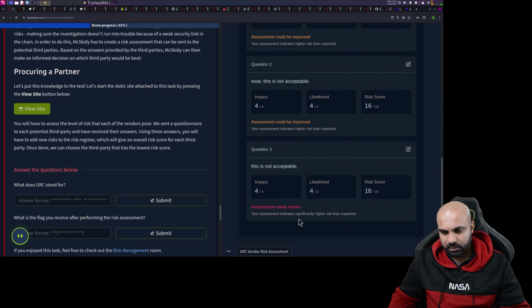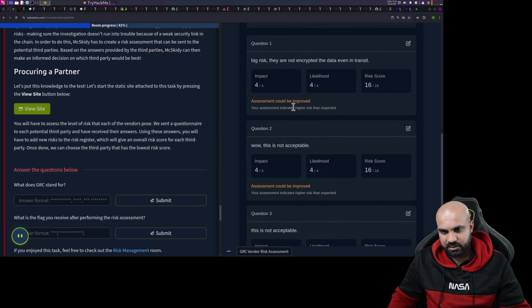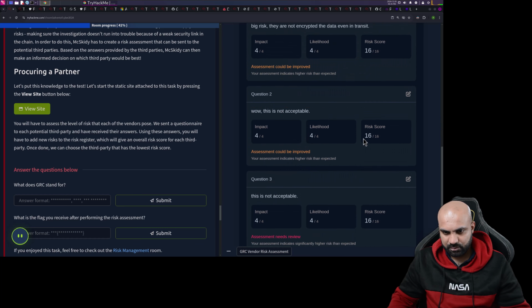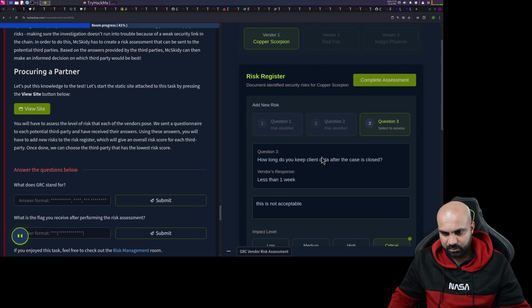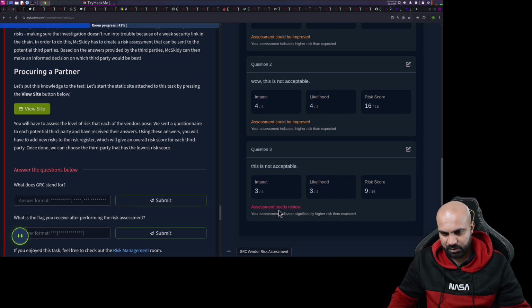Your assessment indicates significant higher risk than expected. Assessment could be improved. What? What about now? Assessment needs review. Your assessment indicates significant higher risk than expected.